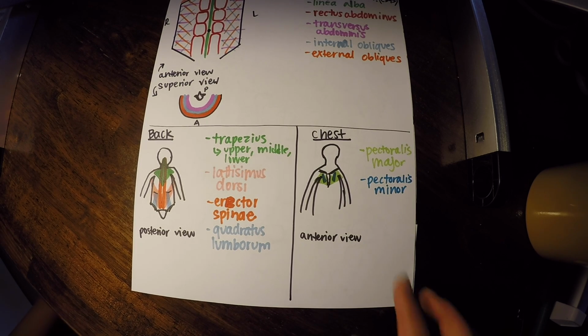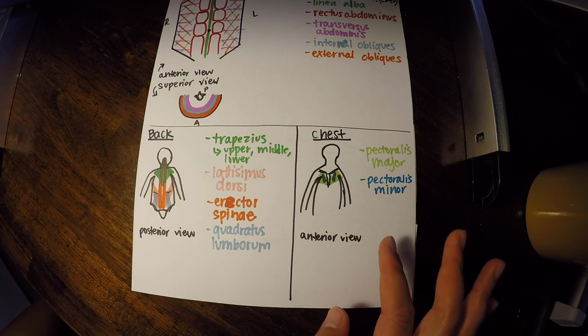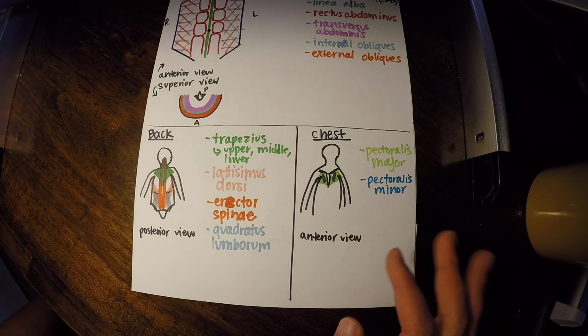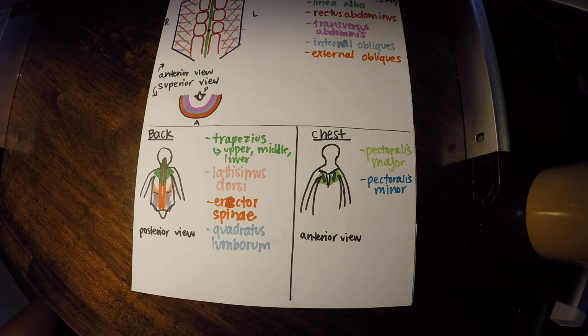And I want you to know this pectoralis minor muscle, because remember how we talked about the anterior and middle scalenes as having the brachial plexus travel in between them. So it's important for a lot of different neurological conditions that people can present with in the upper extremity.